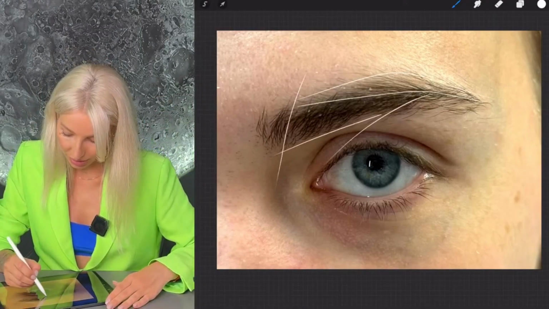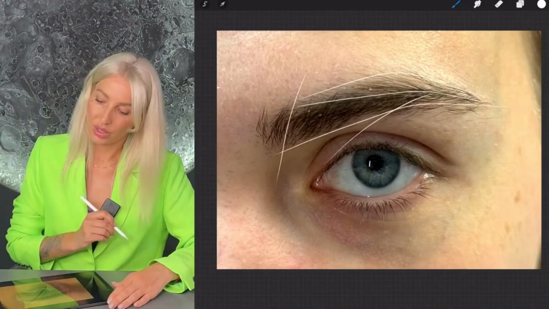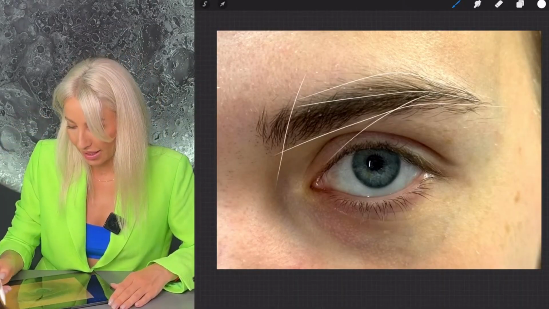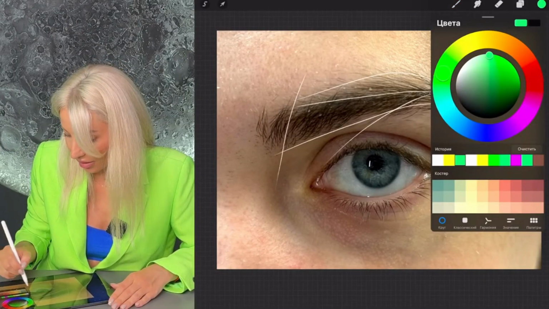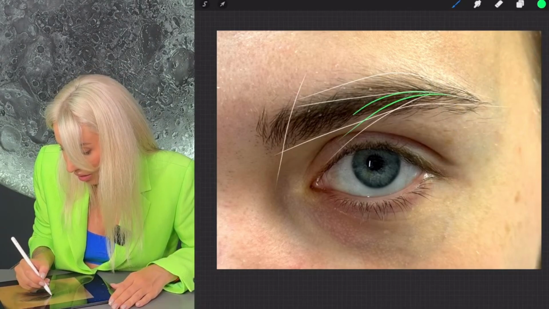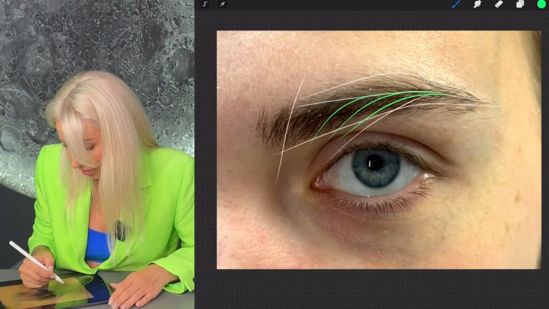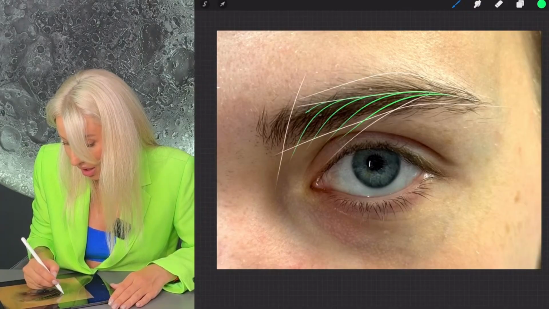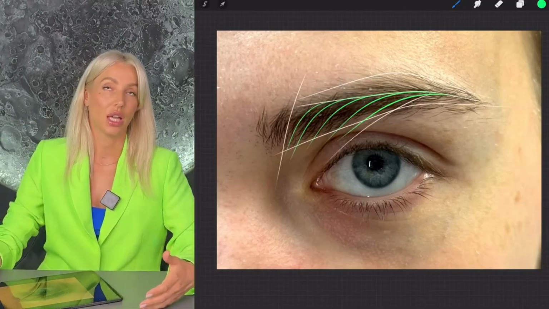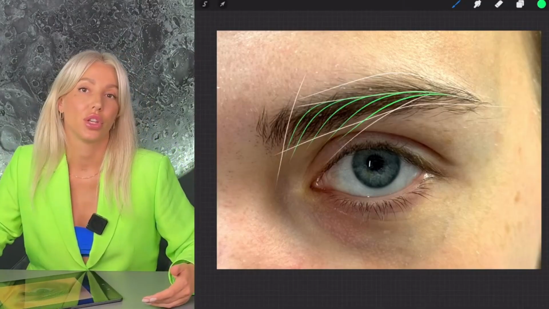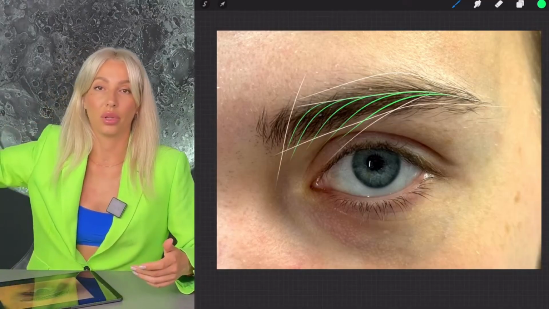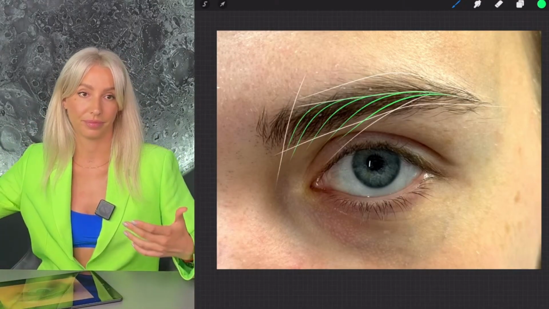And then we create the shape to find the hair strokes in the tail. Means that this will be the body of the eyebrow. So this is how you need to analyze every eyebrow which you see. Even if it's your mother, your client, your daughter, the employee in the supermarket, doesn't matter.